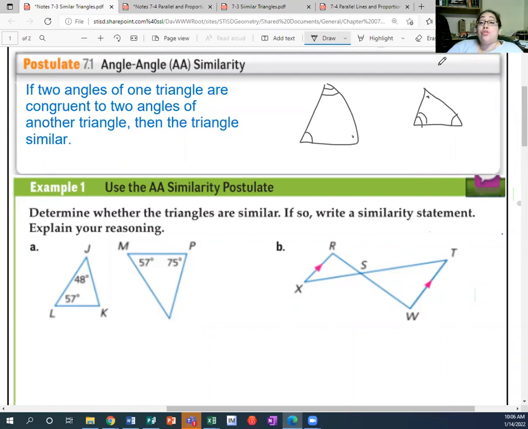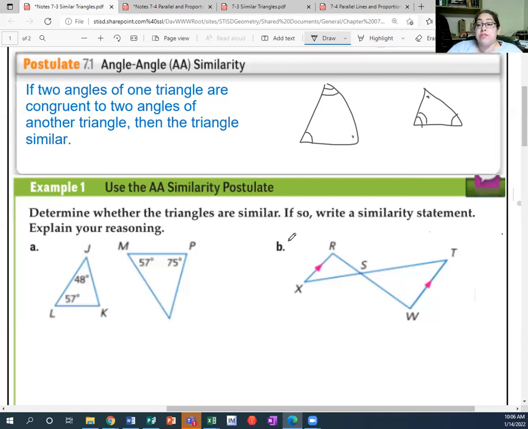With triangles, because of the special way that they come about and because of that old hinge theorem that we talked about before Christmas break, where we were able to compare the length of sides of triangles based on their angle measures, this postulate is almost a natural consequence of that. We're calling it a postulate because I just want you to take me at my word for it. Don't make me prove it. So we're just going to use this postulate to see if these triangles are similar.